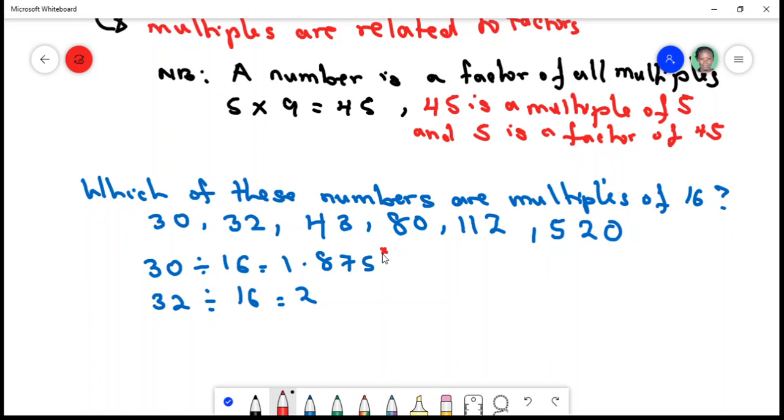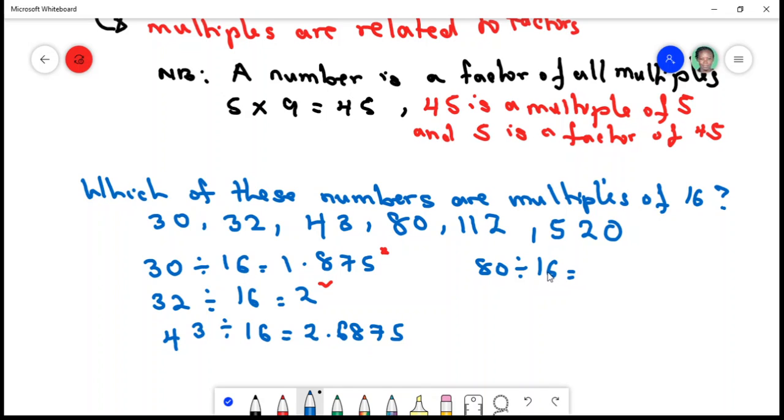So you realize that 30 is not a multiple, but 32 is a multiple. Then 43 divided by 16, you have 2.6875.